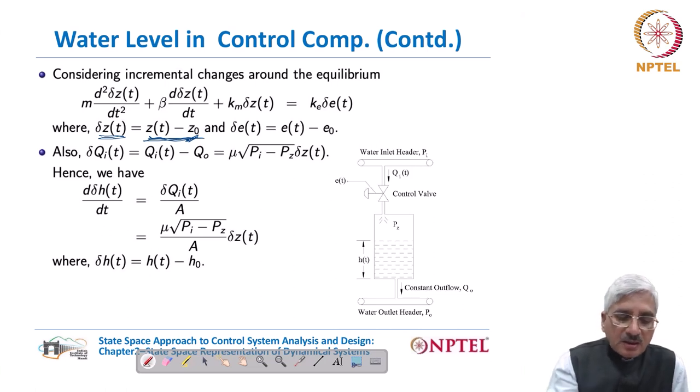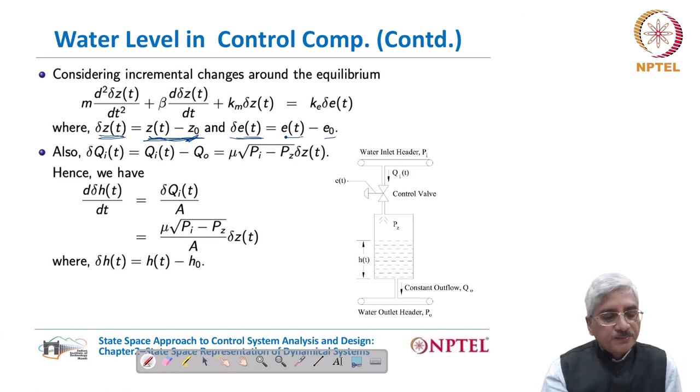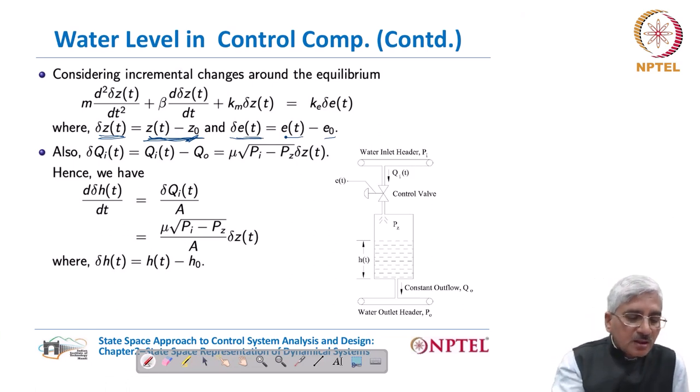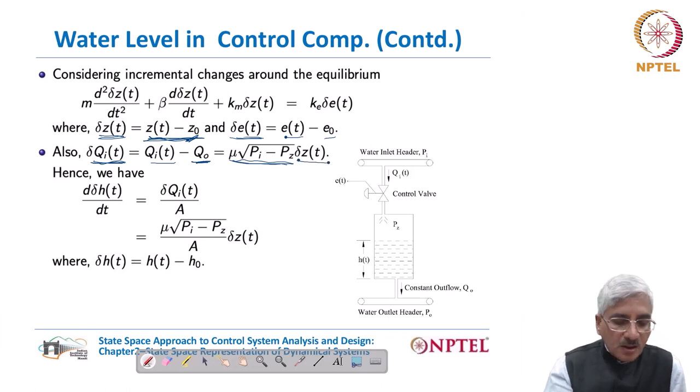And the input signal changes from E0 to E(t), and so the incremental change is delta E(t). The corresponding inflow change we saw in the previous page, delta Qi(t), will be Qi(t) minus Qo, the equilibrium outflow, which is also the equilibrium inflow, and this will be equal to a constant into delta Z, the valve position.